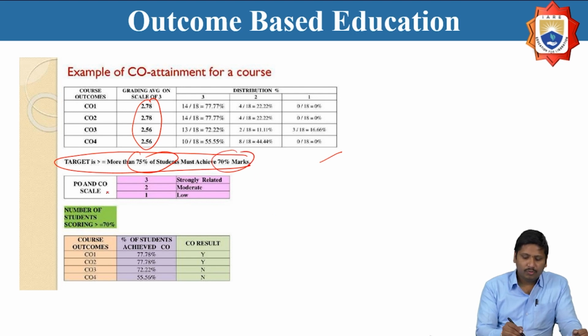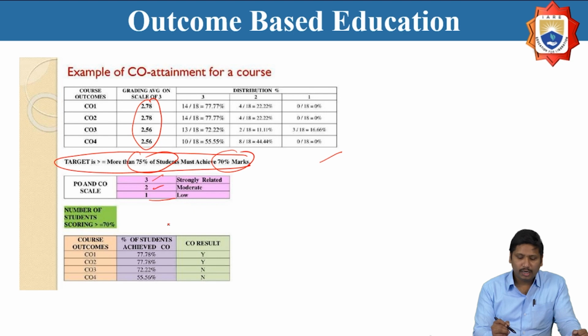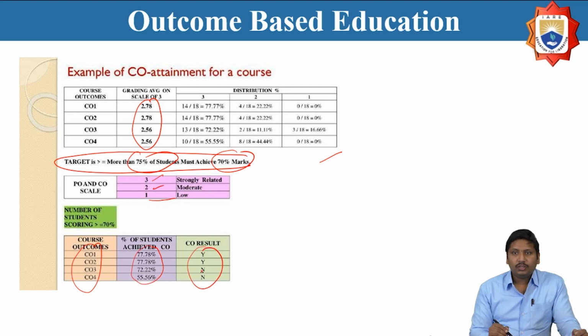So then the COPO scale should be set out. It should be 1 for low, 2 for moderate, and 3 for strongly related. And the number of students who score should be greater than 70%. And once all the COs, the percentage of attaining each CO should be there, and you have to know the CO result.